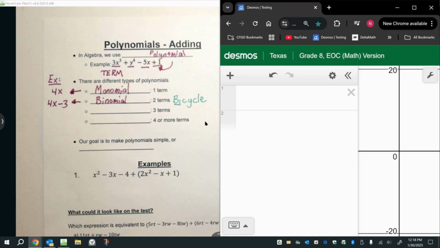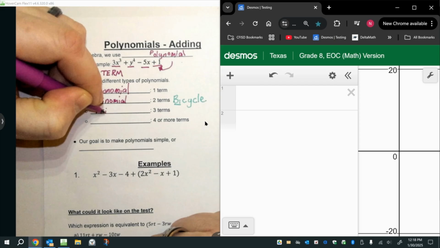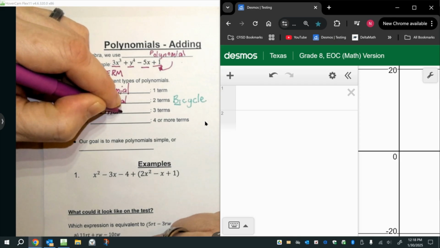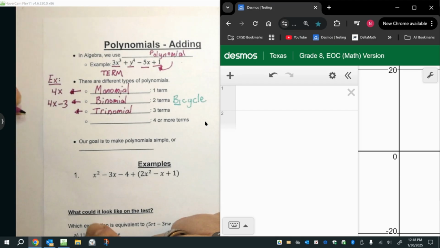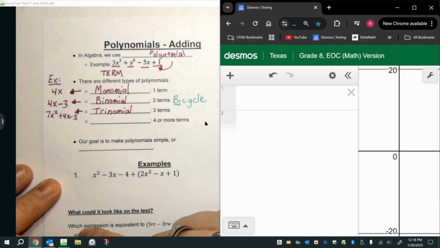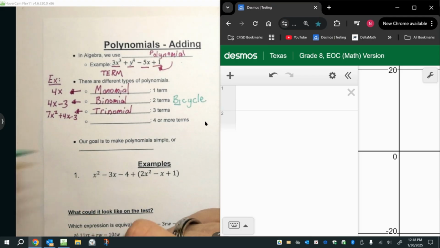Okay, and then the next thing that we have is a trinomial. That's something with 3 terms. So maybe something like 7x squared plus 4x minus 3. And you can think, how could I remember that?